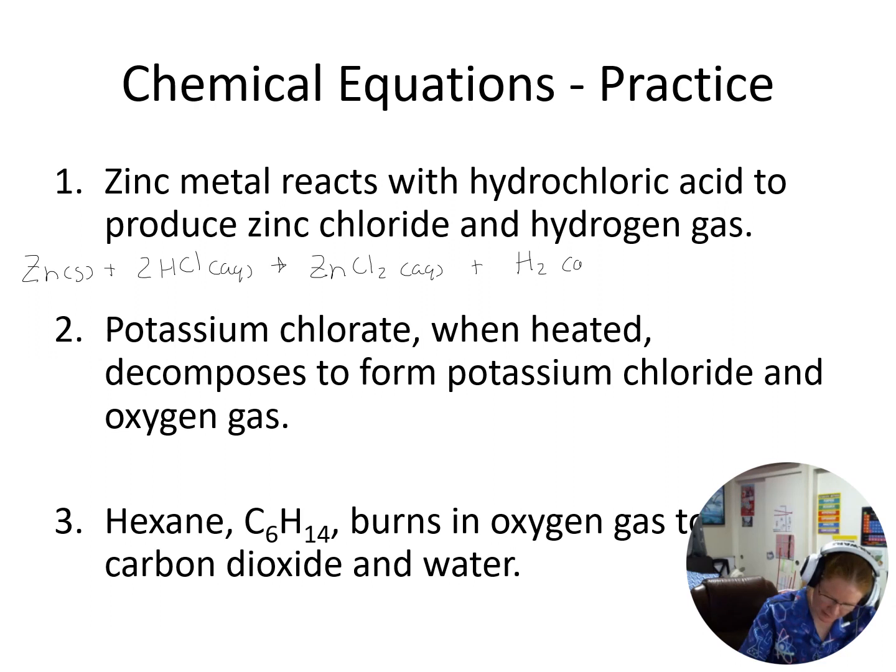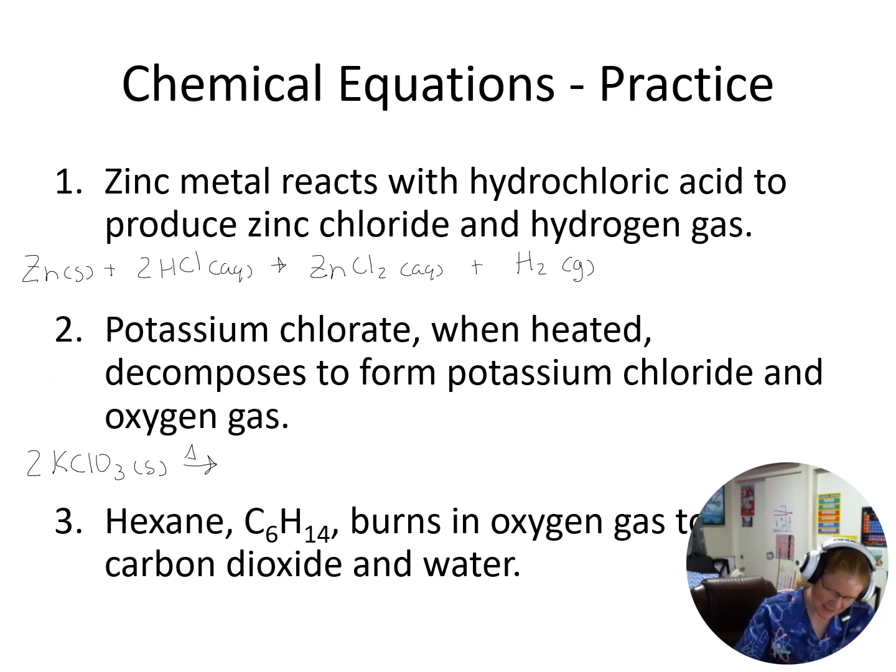Again, don't forget that hydrogen exists naturally as a diatomic molecule, so hydrogen gas is H2. All right, then we get some potassium chlorate. Okay, now it says when heated, so we could, if we wanted to, put that little symbol above the arrow to know that there's heat there. You don't have to put it there, but that just indicates that it's being done under heat.